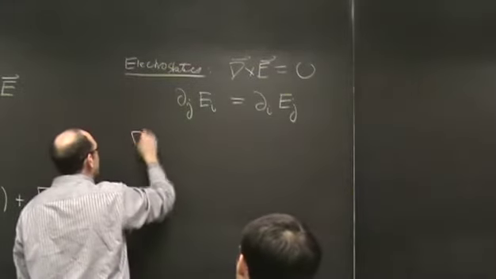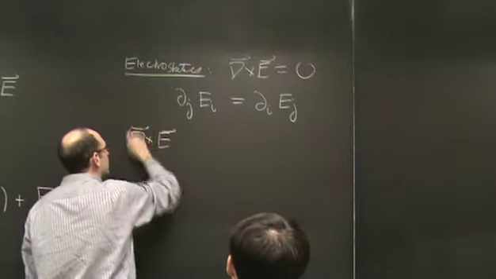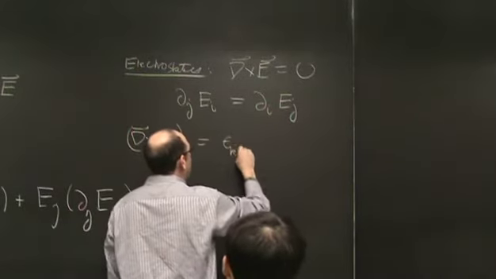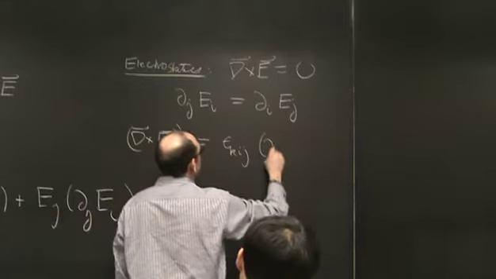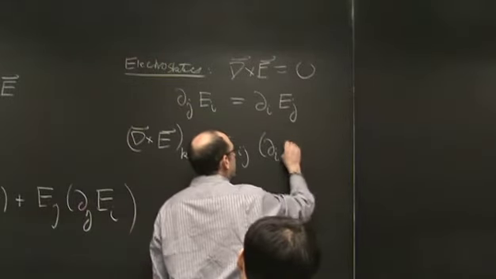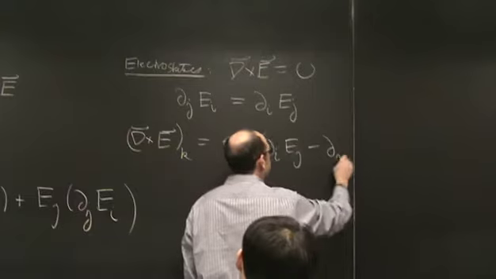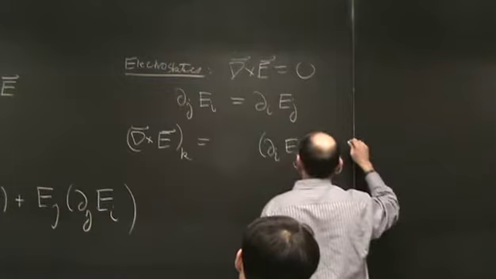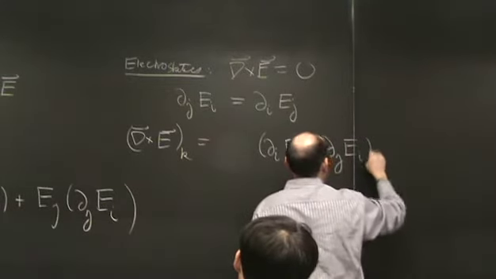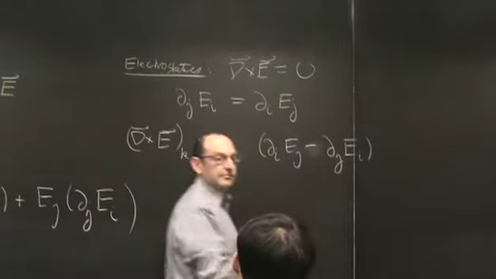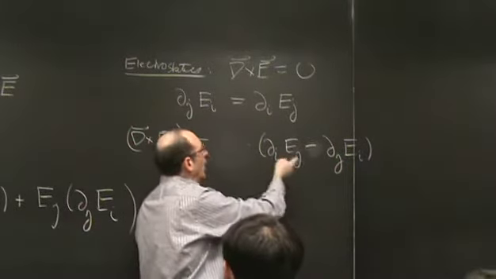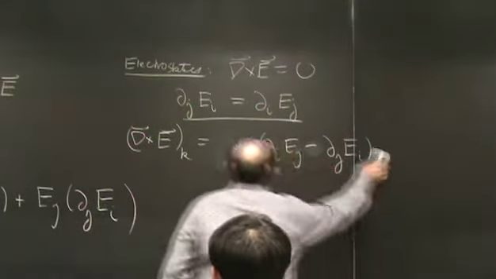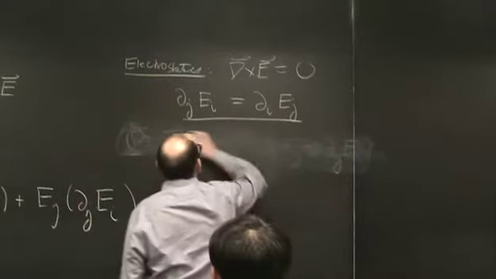Because if I looked at the kth component of this, that's epsilon_kij (partial_i E_j minus partial_j E_i). So, the curl tells us I can do that. This follows from that.